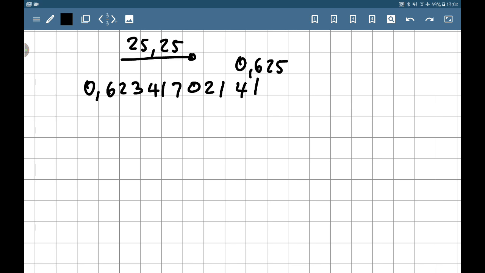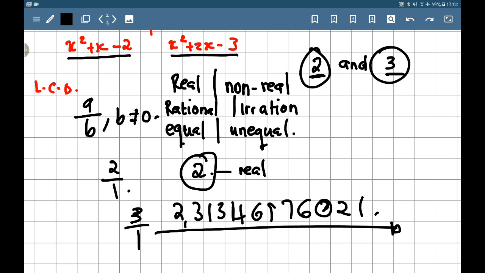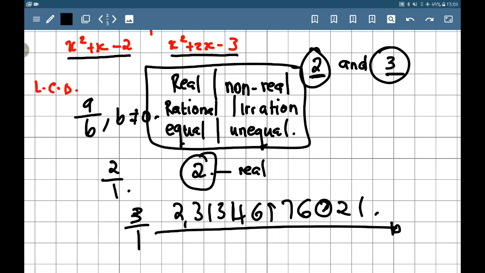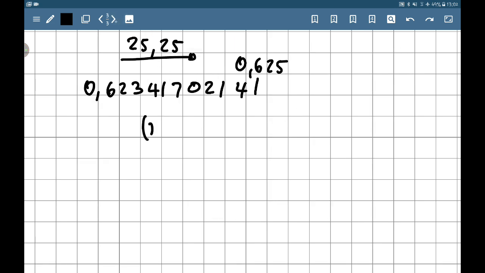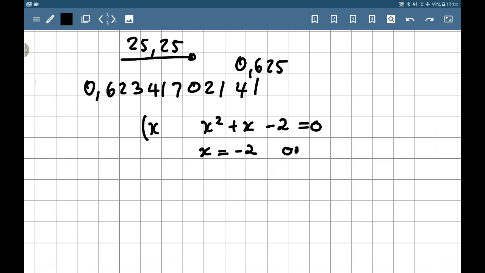of that. So when we say we are investigating the roots, we are investigating if the numbers that we are going to get are going to be real. For instance, if we have x squared plus x minus 2 is equal to 0, we get x is equal to minus 2 or x is equal to 1, right?